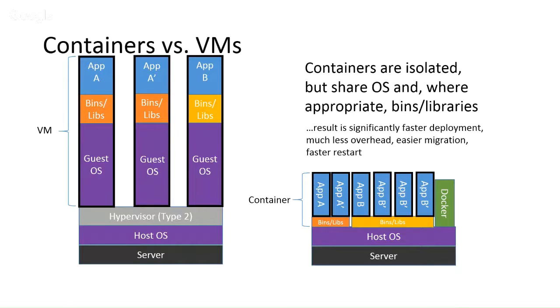You have to have some part of the OS, but it is shareable between all the containers. And because of that, they are really lightweight and really fast and easy to migrate and easy to manage, because there is less overhead. Here you have a guest OS and bins and libs, everything, and the hypervisor layer.